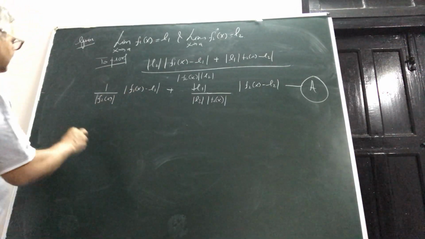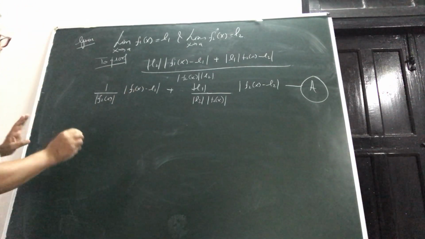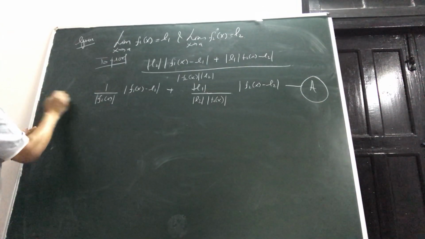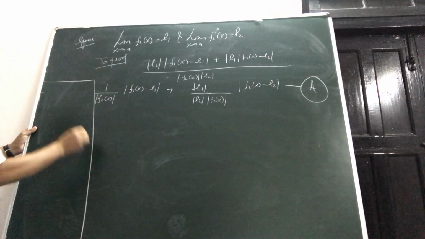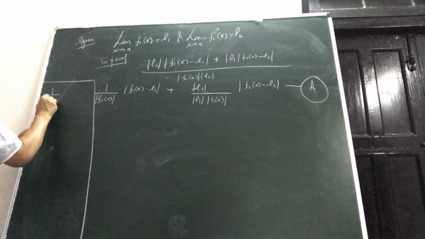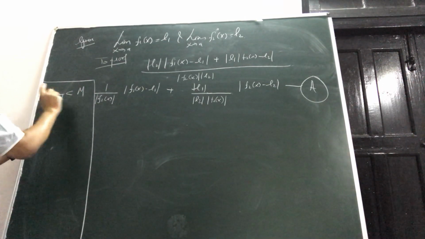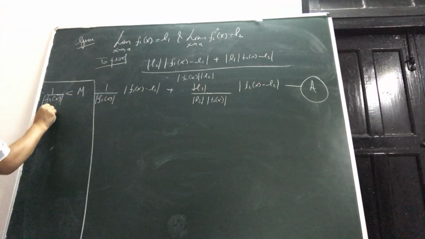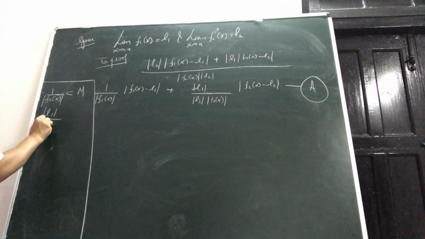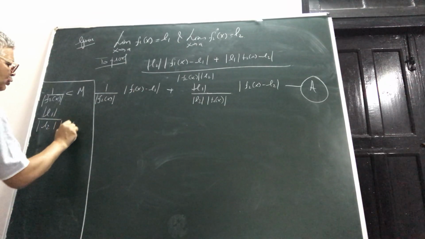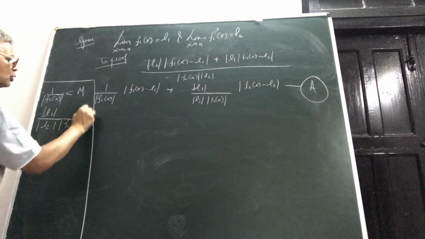Since the functions are bounded functions, we will further assume, let mod 1 upon f2x be less than m, and also mod of L1 mod of L2 upon mod of f2x be also less than m.